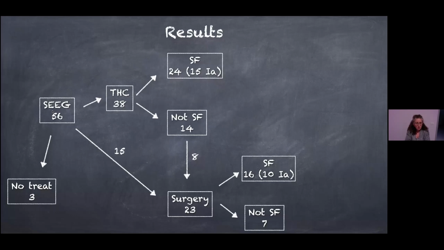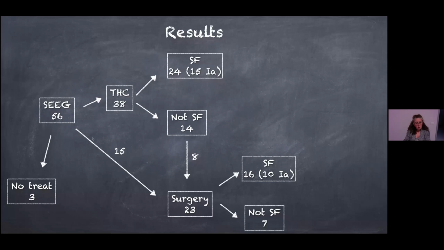Those 56 represent 6.5% of the patients that we explored that have a periventricular nodular heterotopia.